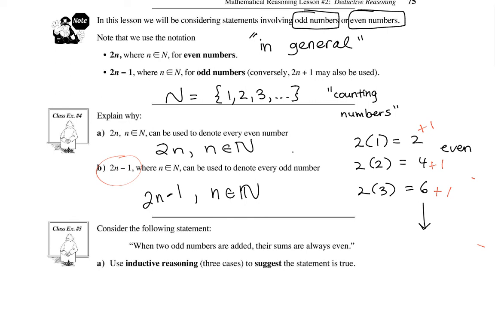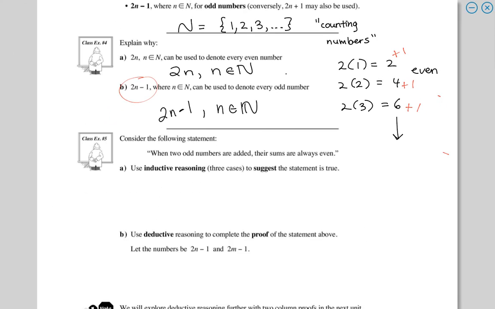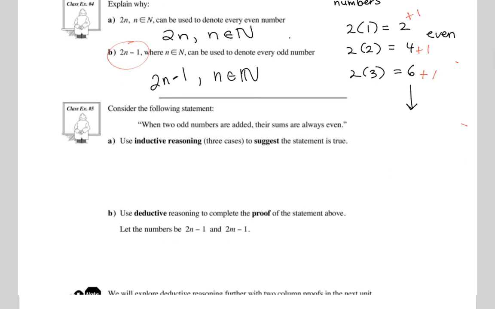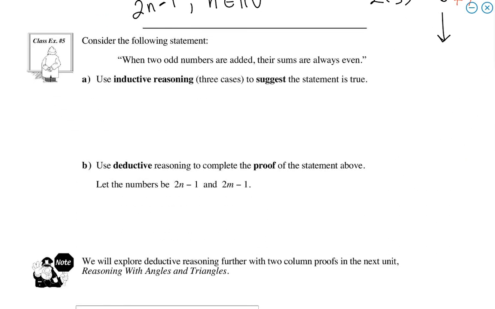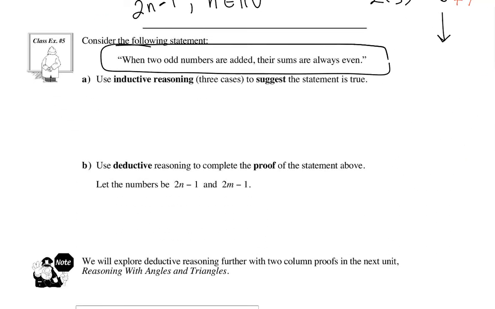Now let's use what we just figured out to determine if this conjecture is true: when two odds are added, their sum is always even.